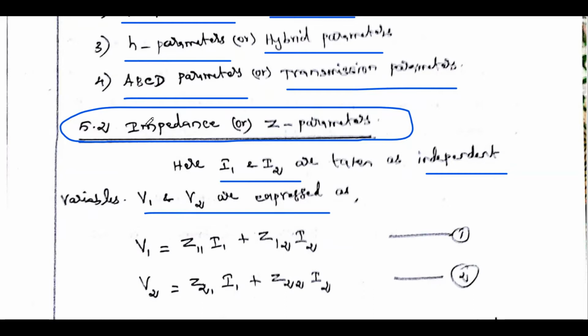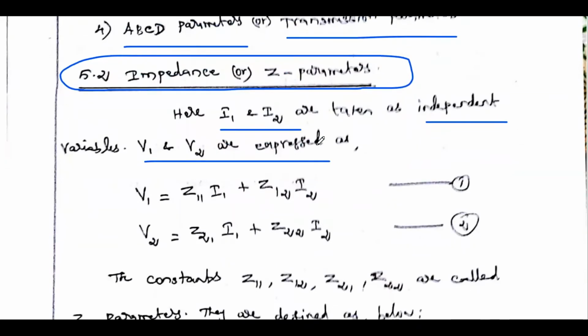So the first parameter we are going to discuss is the impedance or Z parameter. Already you know the 4 variables V1, V2, I1, I2. In order to form the Z parameter equation, I1 and I2, the input current and output current, are taken as independent variables, meaning known variables, and the remaining 2, input voltage and output voltage, are dependent variables.